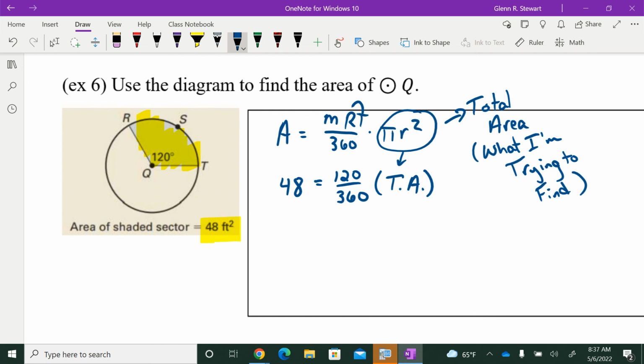Let's multiply both sides by 360, and then let's divide by 120. I need my calculator for this one. 360 times 48 divided by 120 gives us a total area of 144.